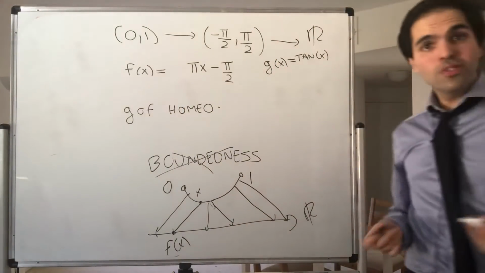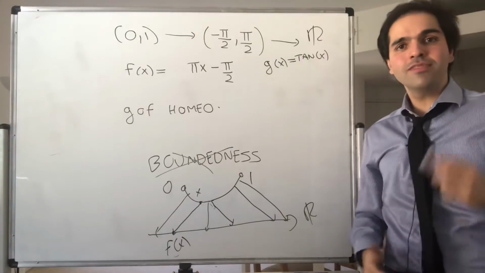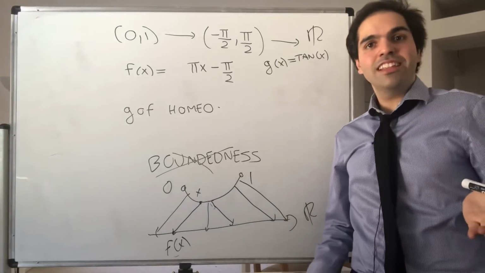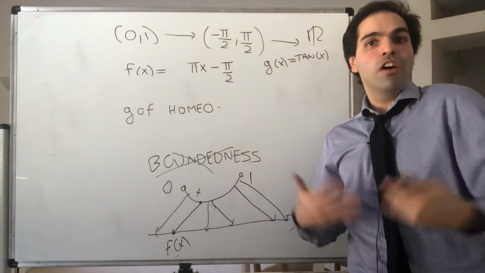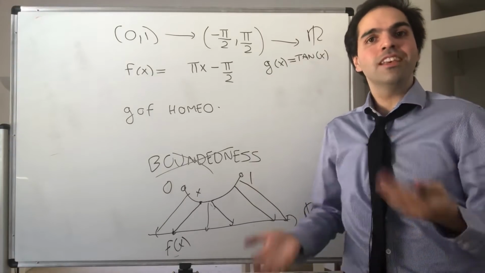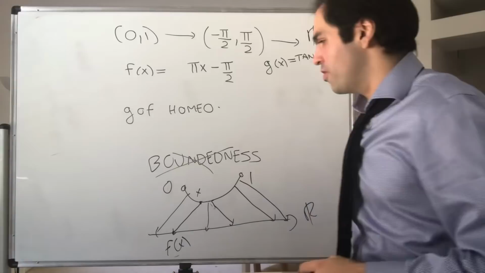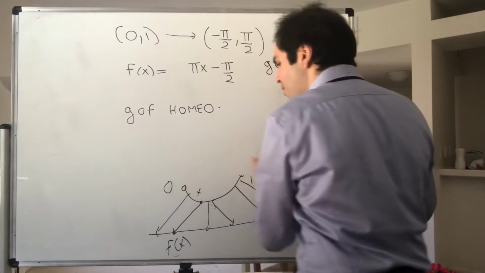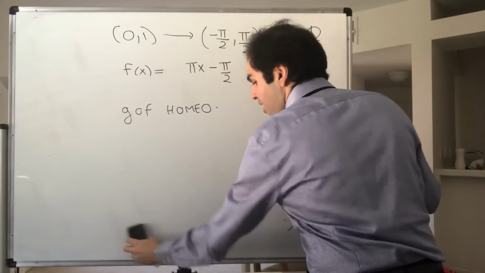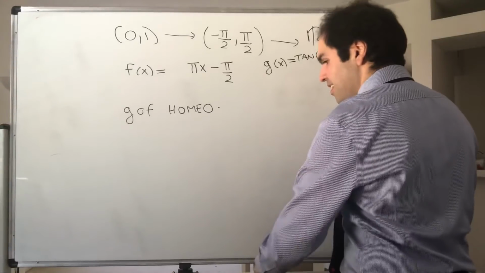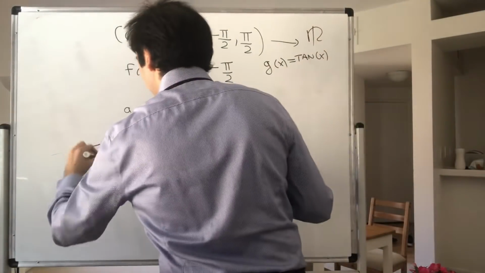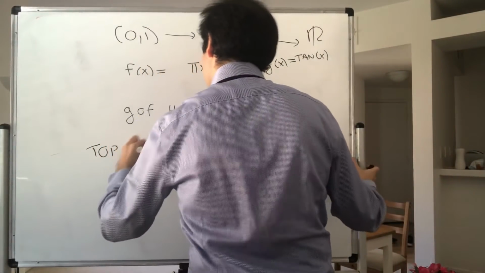All right, so those are examples of homeomorphisms, and the question is now, what are some other topological properties that are preserved by homeomorphisms? Well, a couple of them are, for instance, compactness.